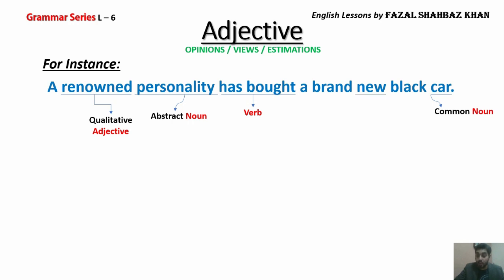And to define the common noun, which is car, I have the first adjective in shape of new, which is a qualitative adjective as well. But am I done with that? No. I can clearly see another adjective right after new, which is black, and this time it is another qualitative adjective, shown to you in shape of color.